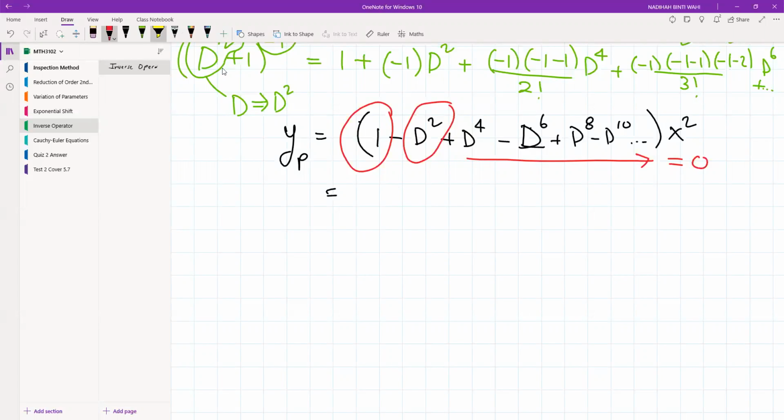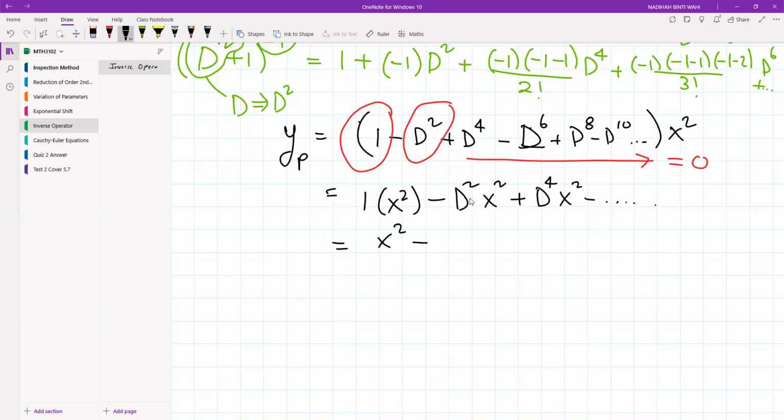Okay, contoh saya buat. Kalau saya buat yang ni, saya darab ni. So, 1 darab X squared minus D squared of X squared plus D of to the power of 4 X squared minus and so on. Okay, so ini akan jadi X kuasa 2.